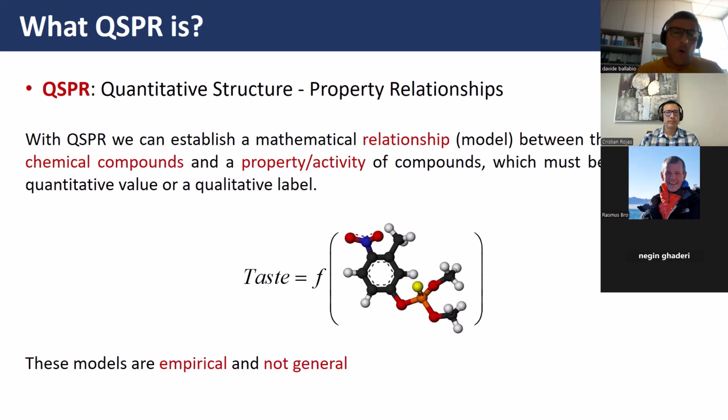So what is the idea? This is an old idea. QSPR stands for quantitative structure-property relationship. Again, the idea is to establish a relationship between the structure of chemicals and some properties, which in this case is the taste of chemicals.